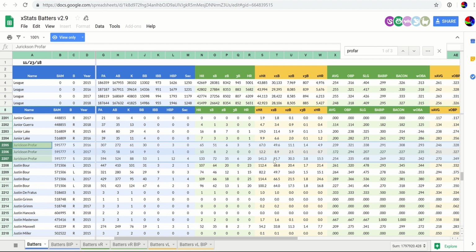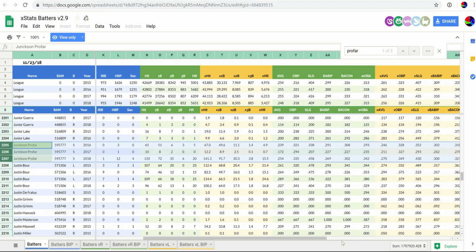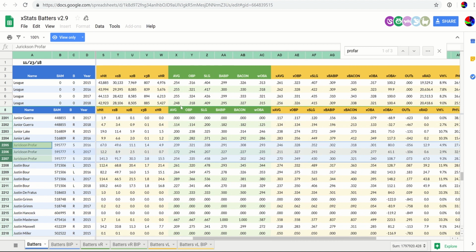Again, all of the expected data is based on exit velocity, vertical and horizontal launch angle, as well as a couple other factors that I mentioned, like park factors, of every single batted ball in Major League Baseball and what the likelihood is that it would be that type of hit. Now we get into our traditional stats, average, OBP, and you have expected average and OBP over here.